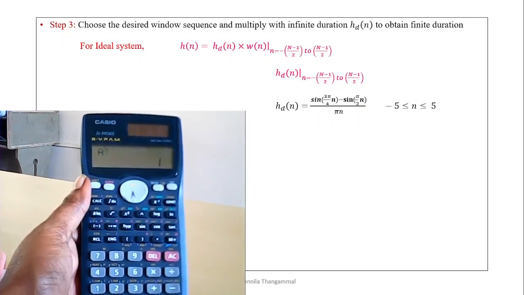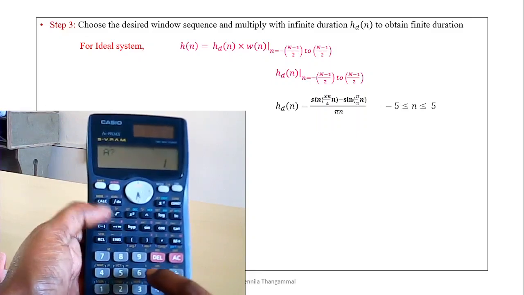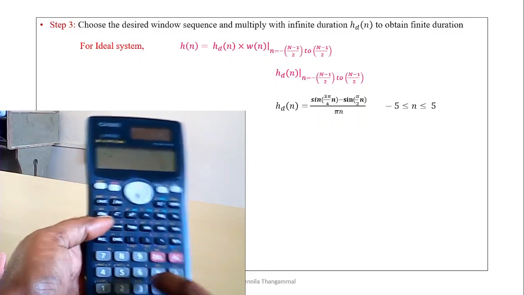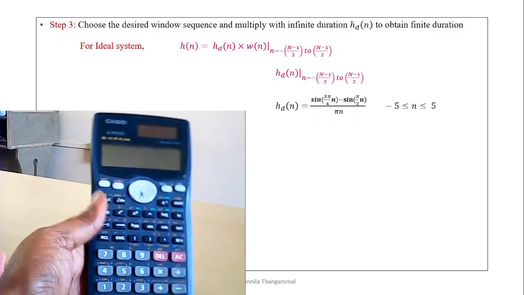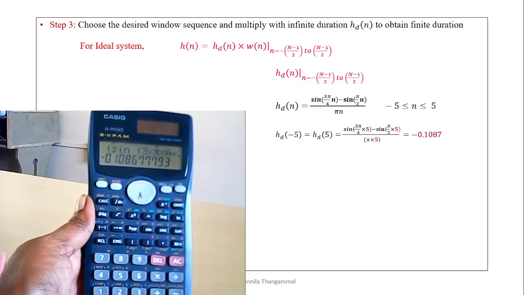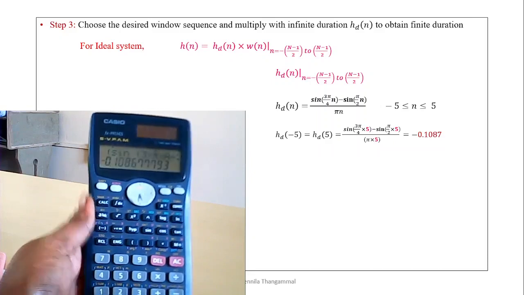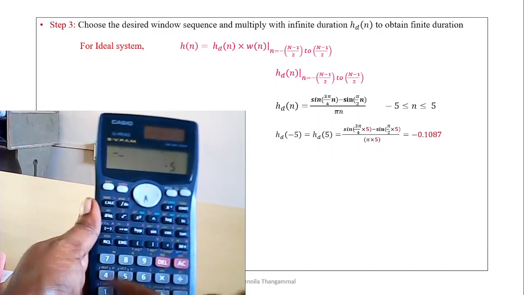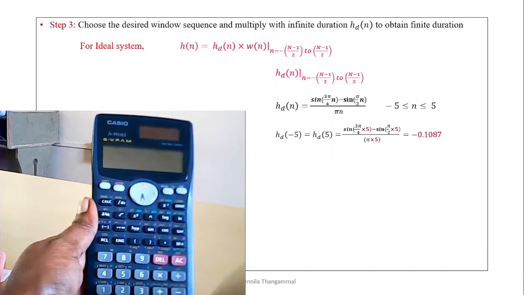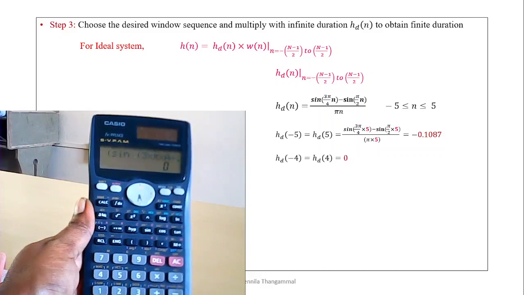Now you have to find the value from minus 5 to plus 5. So minus 5 equal to, the value is minus 0.1087. Next, calculate minus 4 equal to, the value is 0 here.